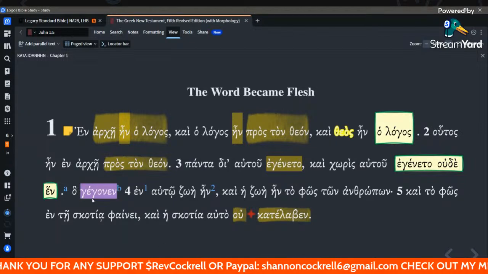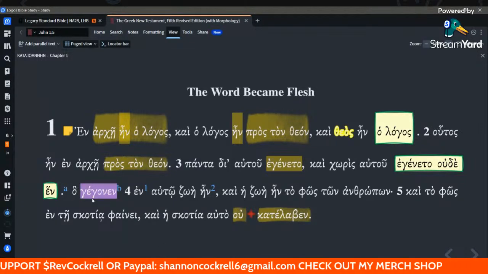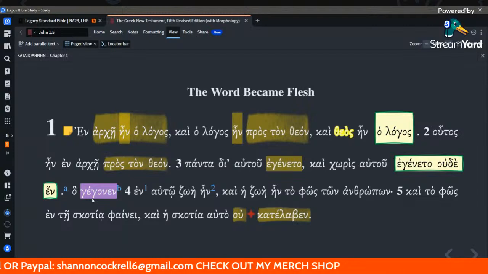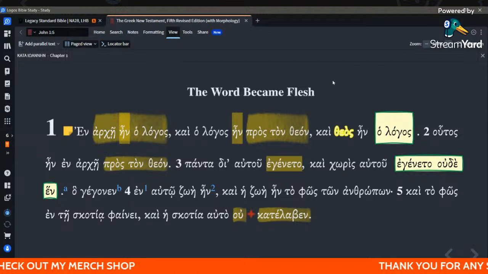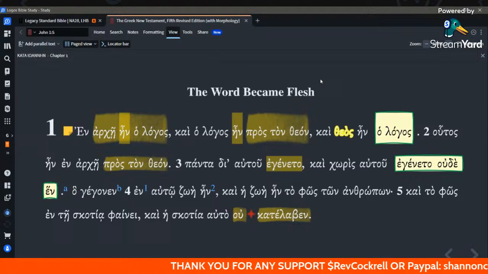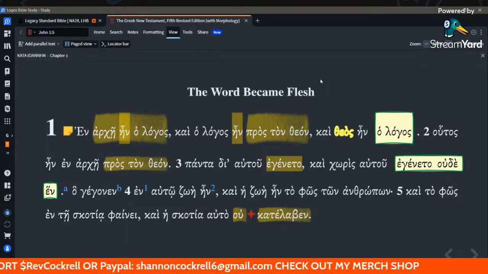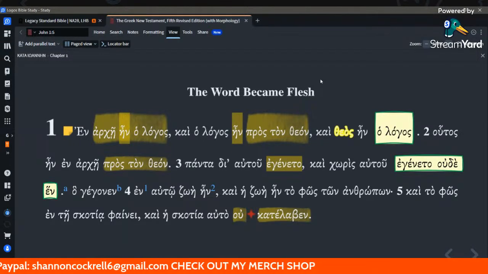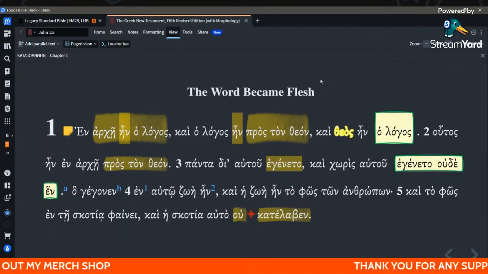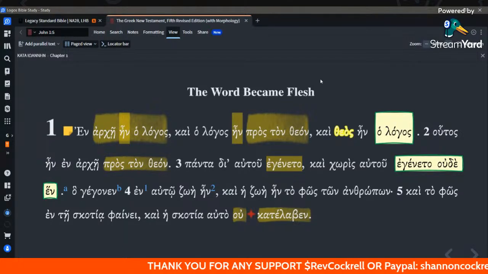We just want to work on pronunciation and things like that. This passage contains all but 3 letters of the Greek alphabet. Mu, xi, and psi are the only ones that are not present. We're going through for pronunciation and fluency.